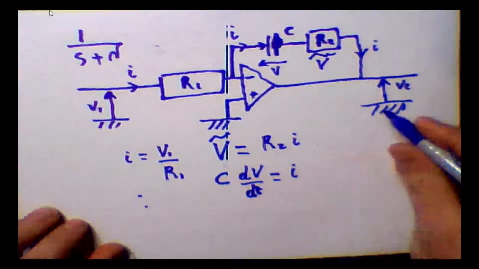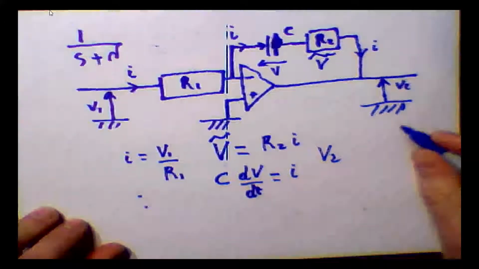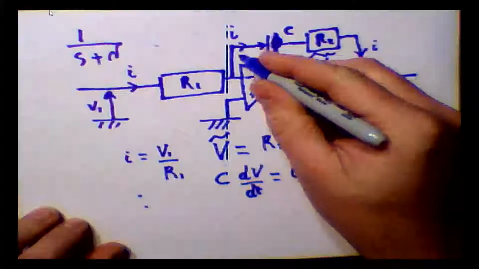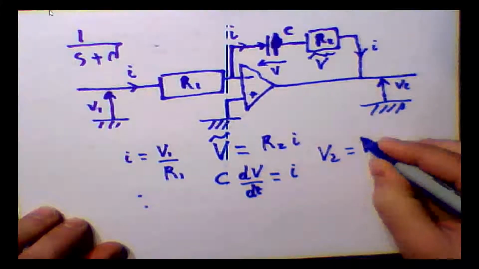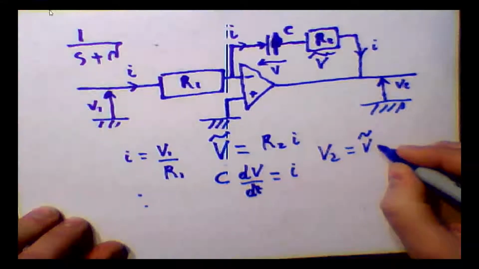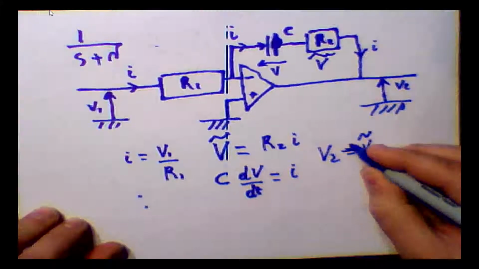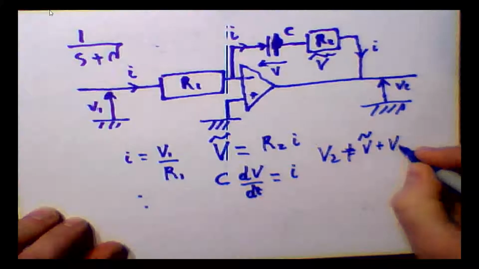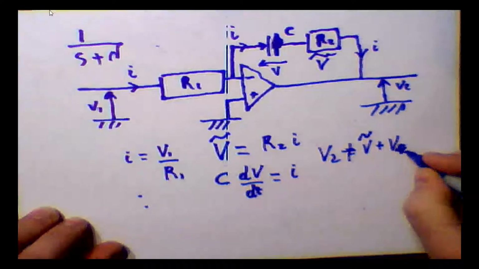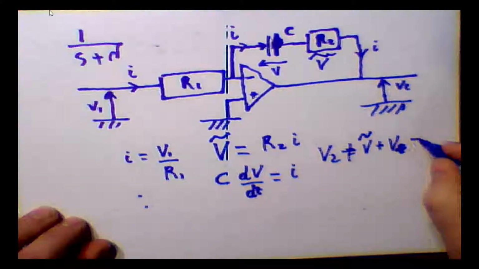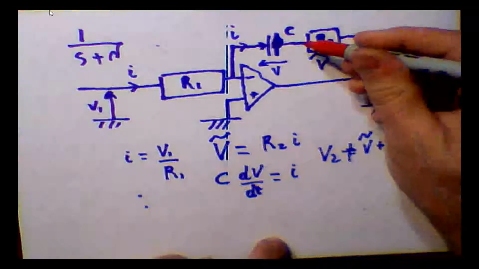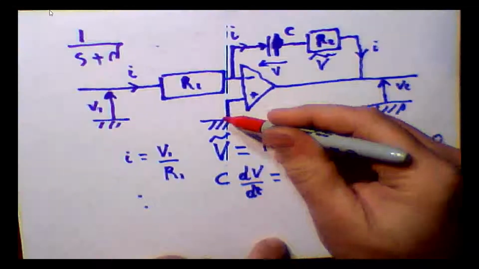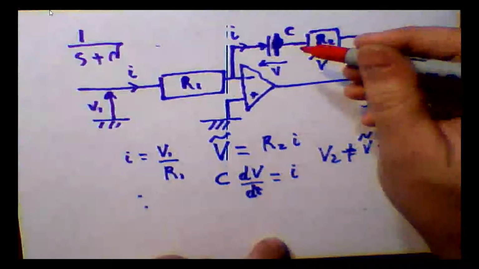Now we get V2 by summing the voltages across all the armatures: V2 plus V tilde plus V, must be equal to 0. Okay? Again, we use that circuit here that goes all the way to here. It's a loop.